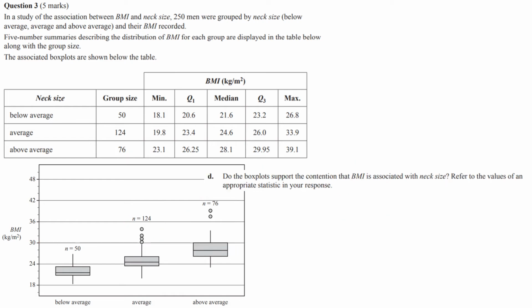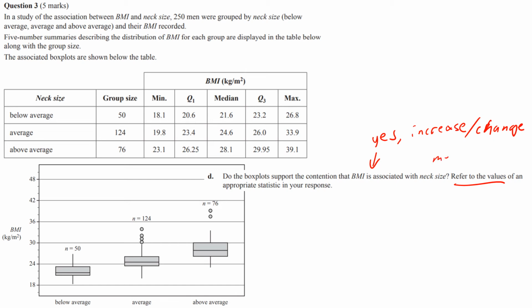Now the next one is a lovely wording thing. It's 2 marks. So it says, do the box plots support the contention that BMI is associated with neck size? So you're basically going to get 1 mark for saying yes, and then you have to say, you know, increase slash change. There's some keywords in there. And then the next one is refer to values. When it says refer to values, there's basically 2 that you can refer to.